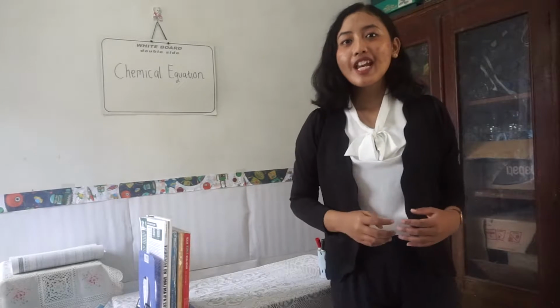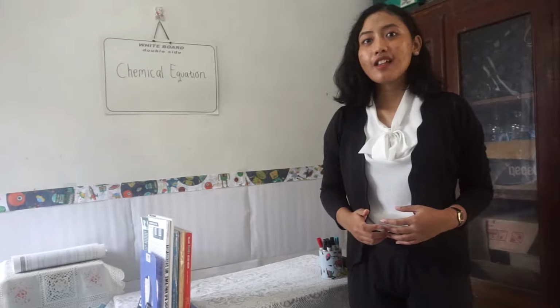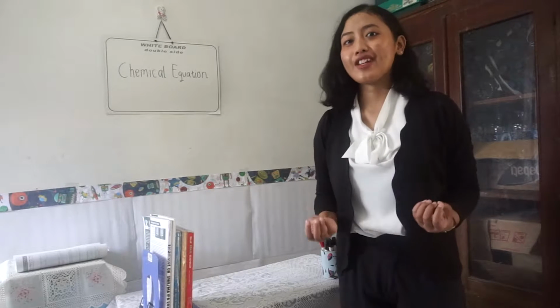Furthermore, to predict the amount of reactants and products which are involved in the reaction. In a mathematical equation, the values on the left-hand side must be equal to the values on the right-hand side. They must balance. The same goes for a chemical reaction.